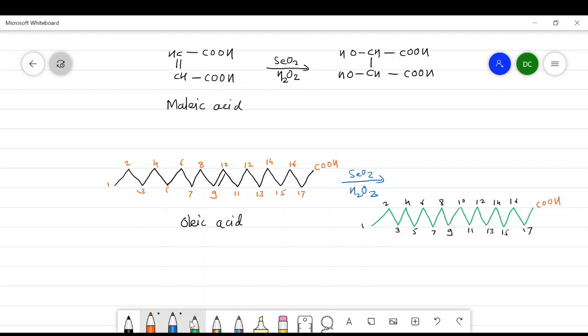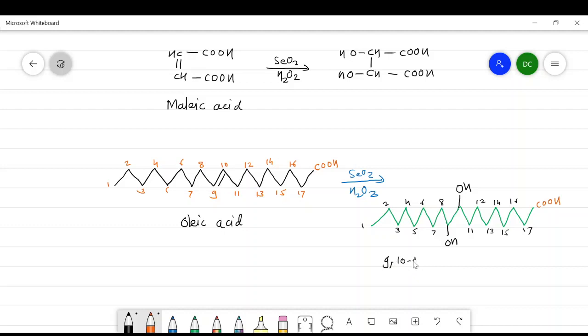Now we have to write two hydroxy groups at this carbon and this carbon, so I will remove this and this. So I will redraw the carbon chain here, and I will put a hydroxy group on this side and on this side.